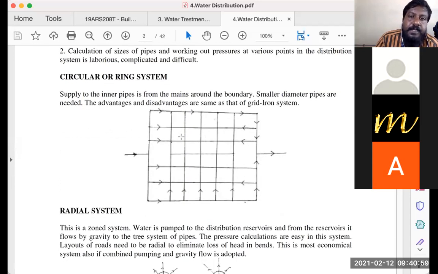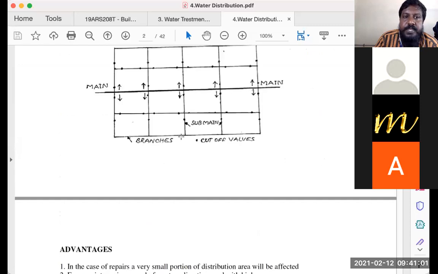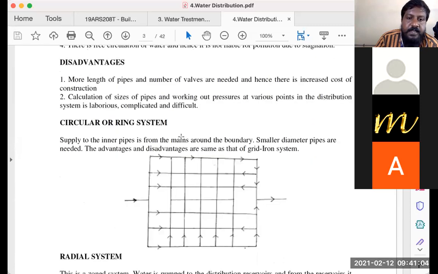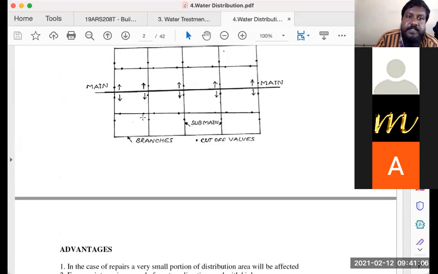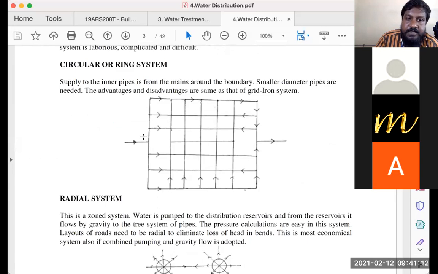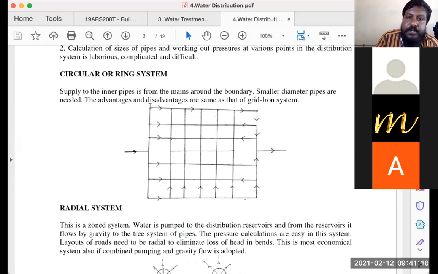What is a circular and ring system? The difference between the gridiron and the circular and ring system is that the gridiron has a main line at the center which distributes the water, whereas in a circular system, the water is distributed through the periphery. If you can see, on the top and at the bottom, the water is distributed through the periphery and then taken inwards into the other network.